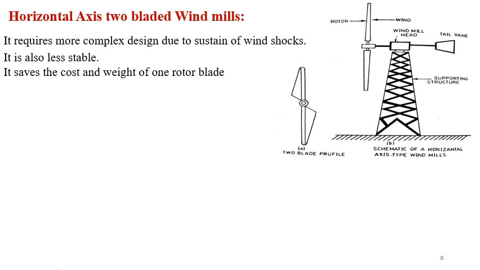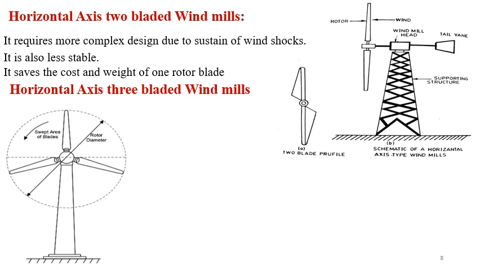Next we will see the horizontal axis with three bladed or multiple bladed windmills. In this type of design, you can see the sketch, multi blades or three blades, made from metal, sheet metal or aluminum.